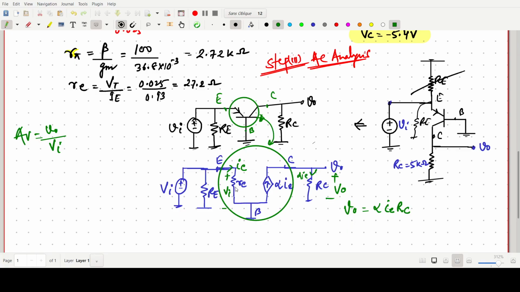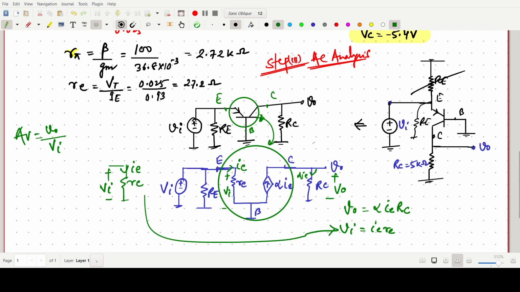So from here we can say the VI value is IE RE, because this RE is there and current IE is flowing, and due to this parallel one, this voltage is VI. So VI equals this.